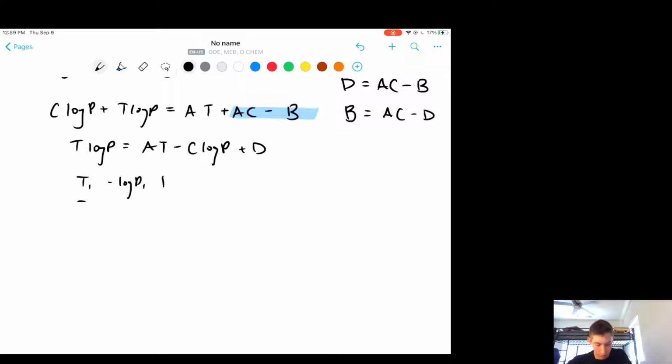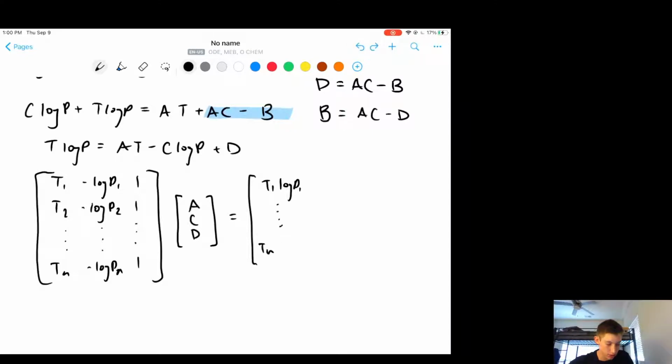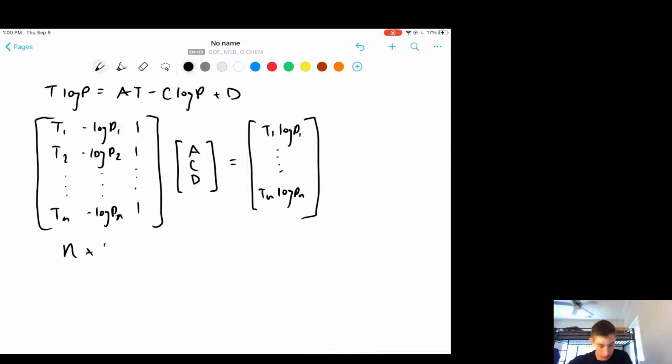So then this will be an n by 3 matrix because it'll go down to t sub n, negative log p sub n, and then just 1. And then we're going to be multiplying this by our constants a, c, and d, and this should come out to t1 log p1 all the way down to t sub n log p sub n. So we're multiplying an n by 3 matrix by a 3 by 1 column vector.